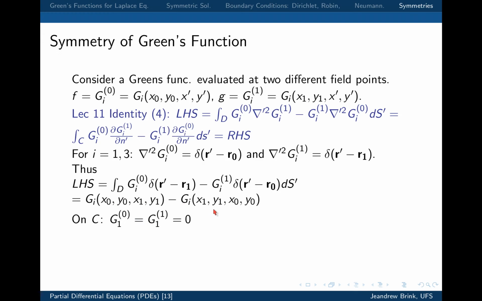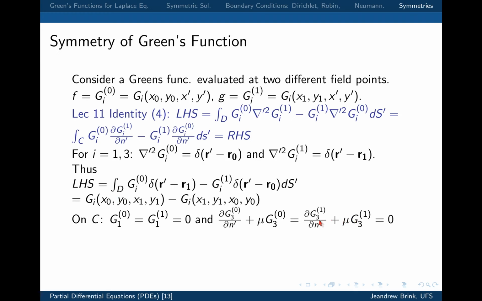And on the boundary condition, if you're dealing with Dirichlet boundary conditions, we know that both of them are 0, so immediately that term vanishes. If we are dealing with Robin boundary conditions, you're going to have that these things are 0, and you can also substitute this equation for each.